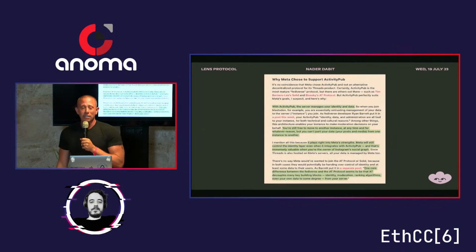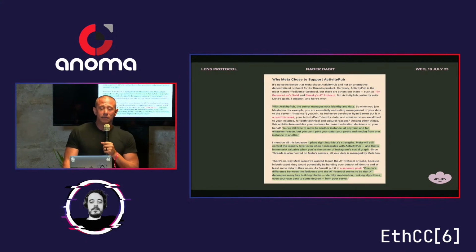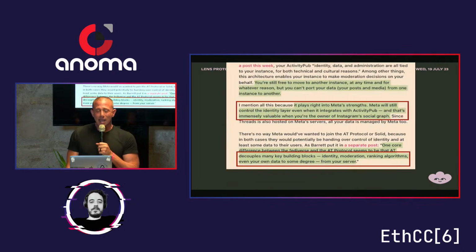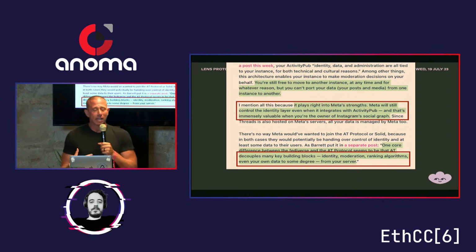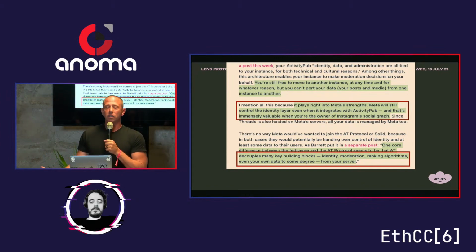And I saw an interesting write-up about why Meta chose ActivityPub. Again, it's the fact that it has some of these characteristics of decentralization without them losing full control. In this breakdown, it says it plays to Meta's strengths. Meta will still control the identity layer even when it integrates with ActivityPub.